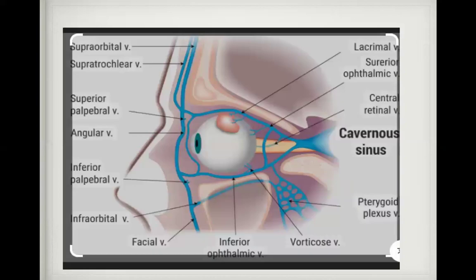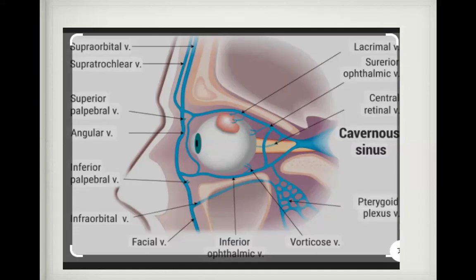I like this image because it shows how the superior and inferior ophthalmic veins pass through the superior orbital fissure to drain into the cavernous sinus. We can also see the central retinal vein draining into the cavernous sinus. And one other very important thing to note here is the connection that the superior ophthalmic vein makes with the facial vein. I don't know if you can see that connection.